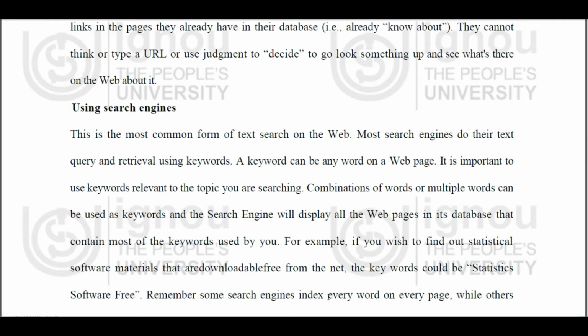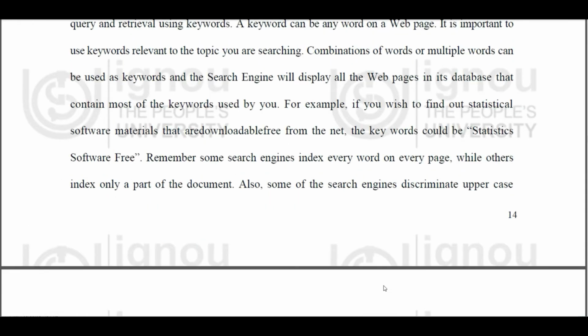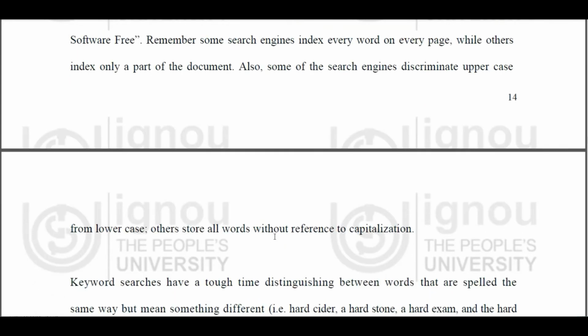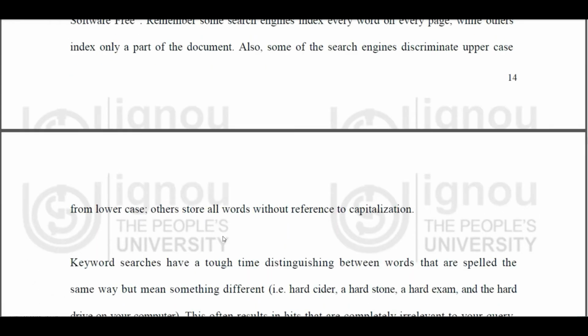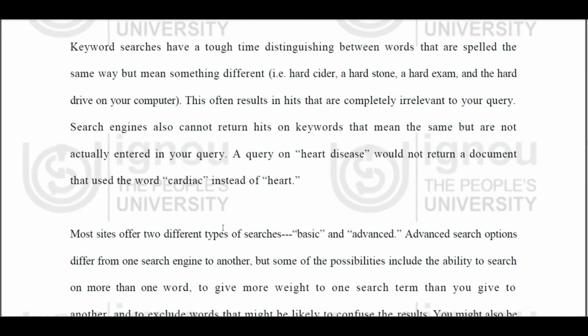Remember, some search engines index every word on every page, while others index only a part of the document. Also, some search engines discriminate uppercase from lowercase, others store all words without reference to capitalization. Keyword searches have a tough time distinguishing between words that are spelled the same way but mean something different.